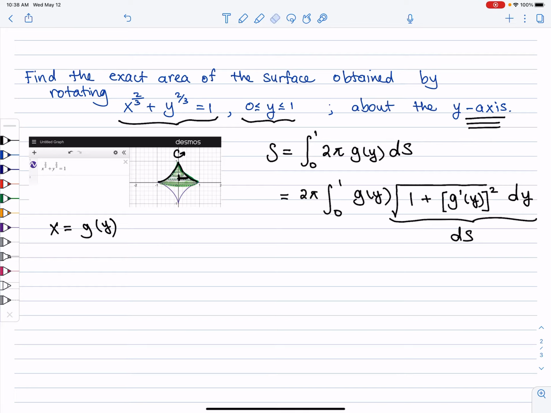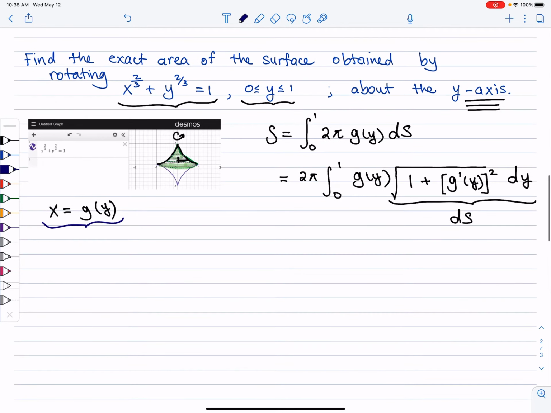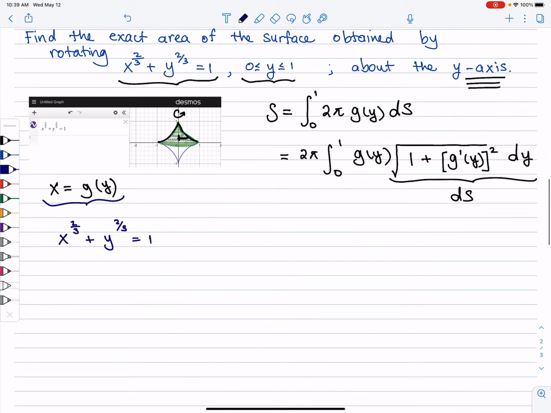Okay. Let's figure out what g of y is. There's a lot of algebra here, so please be very careful. What is our g of y? Let's solve for x. We know that x to the 2/3 plus y to the 2/3 is equal to 1.